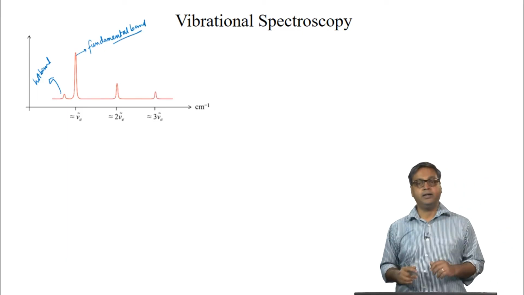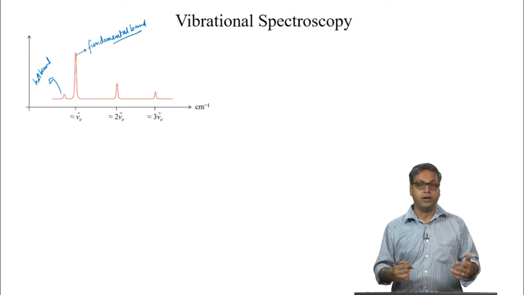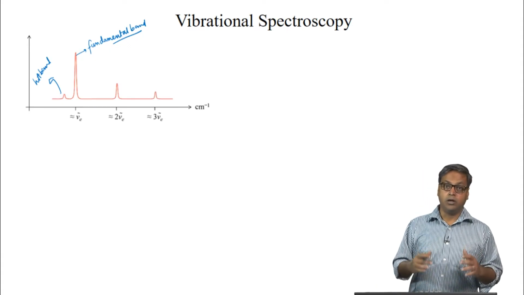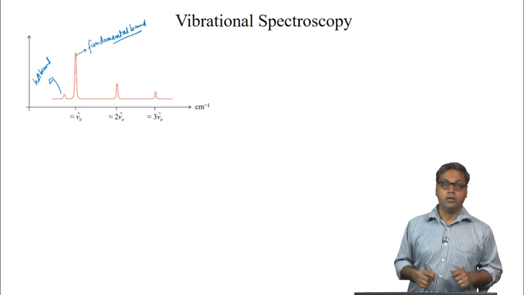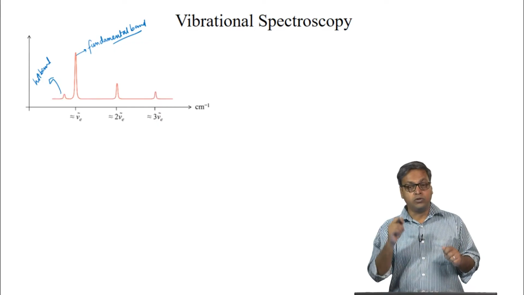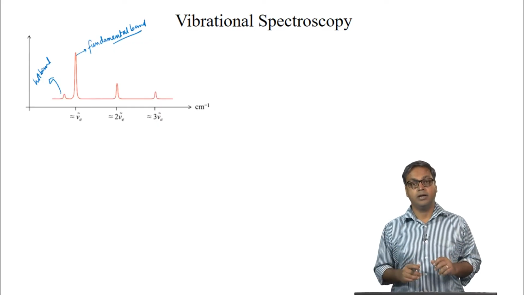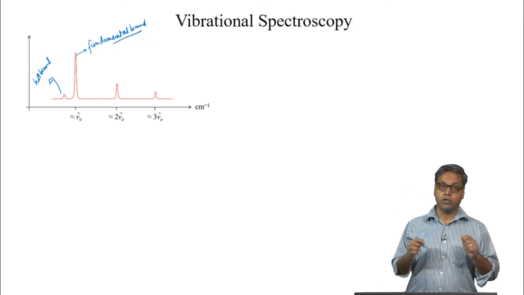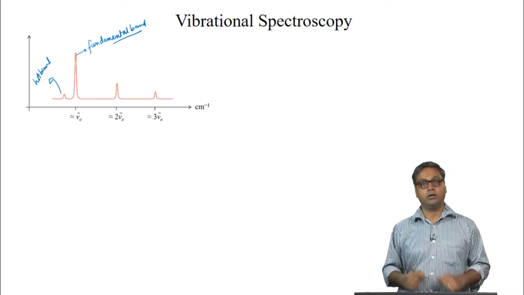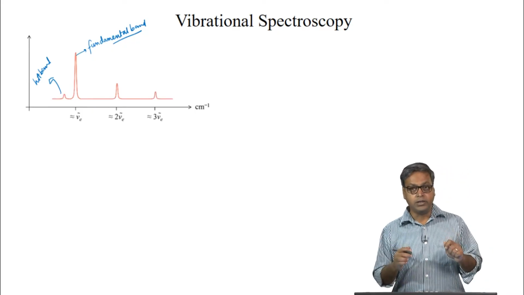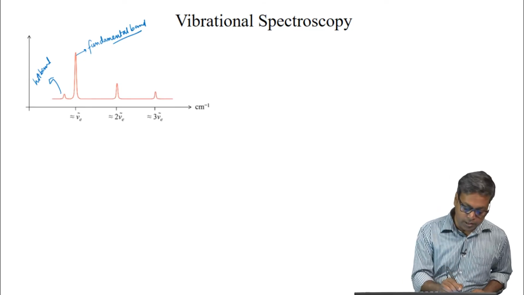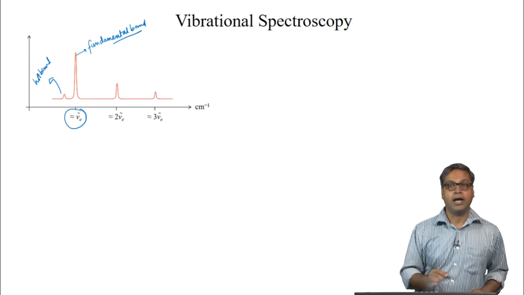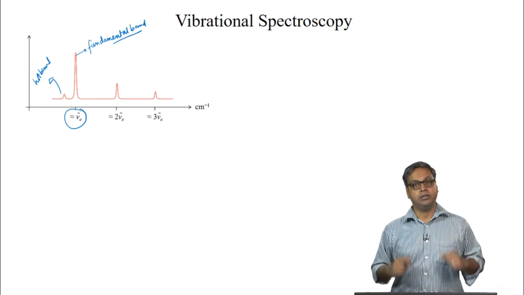The hot band is at a frequency smaller than the fundamental band, because the gap between V equals 1 and V equals 2 is smaller than the gap between V equals 0 and V equals 1. This fundamental band approximately occurs at nu bar E.